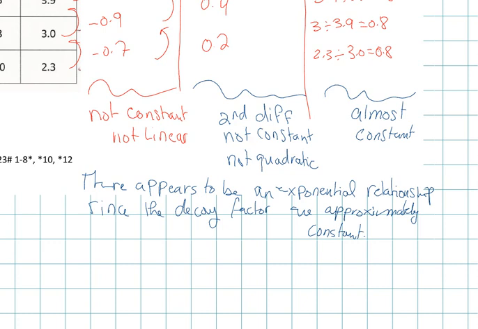So are you guys okay with this? Even though your answers are not going to be perfectly constant, it's still going to be an exponential relationship.